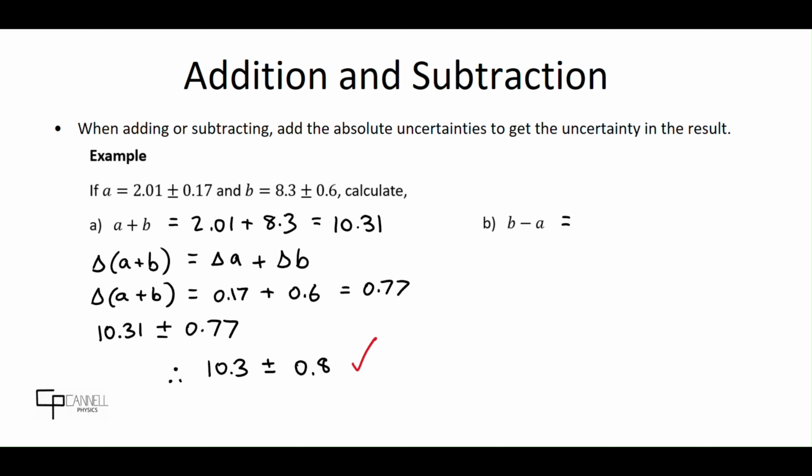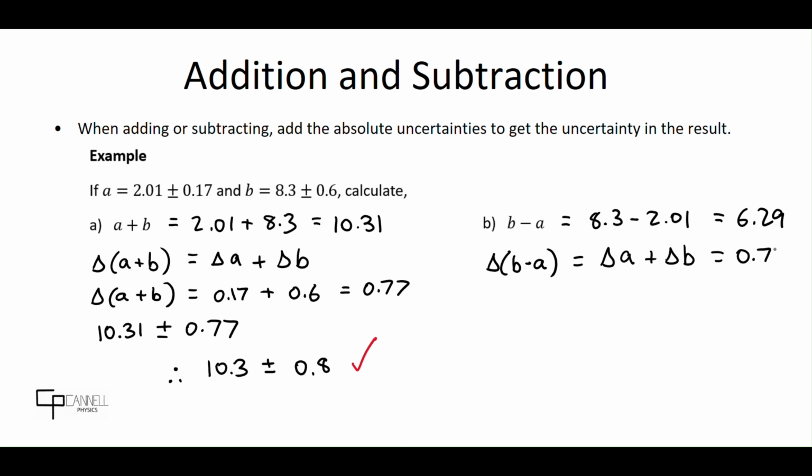So B minus A, that's going to be 8.3 subtract 2.01, and this equals 6.29. Now the uncertainty in this, so even though we subtracted the values, we still must add the uncertainties. So just like before, that's going to be 0.77.